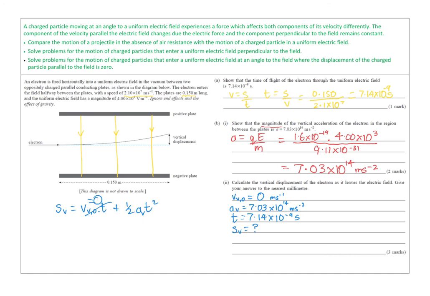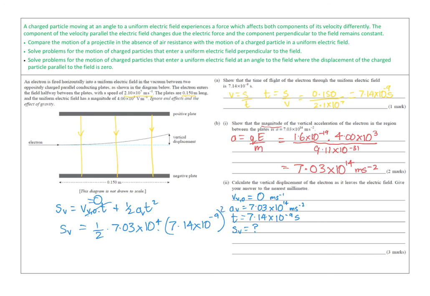We'll just take that out now. So then we have s equals a half times 7.03 times 10 to the 14 times 7.14 times 10 to the minus 9, squared.